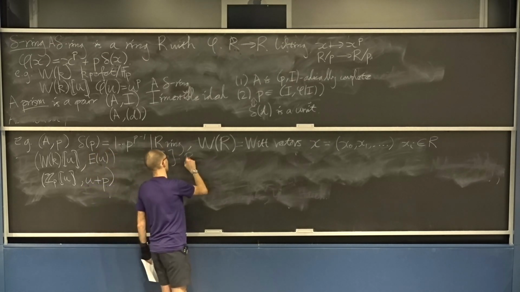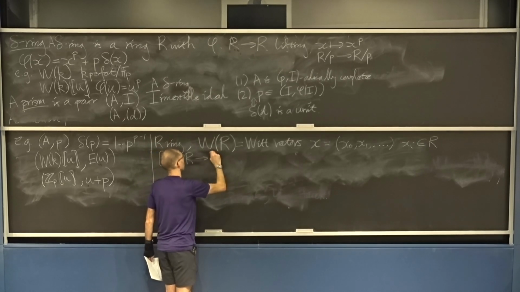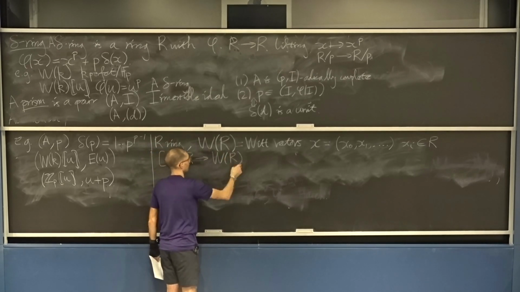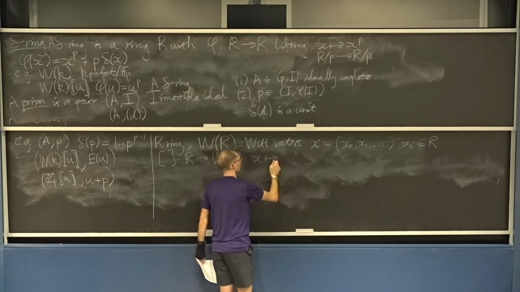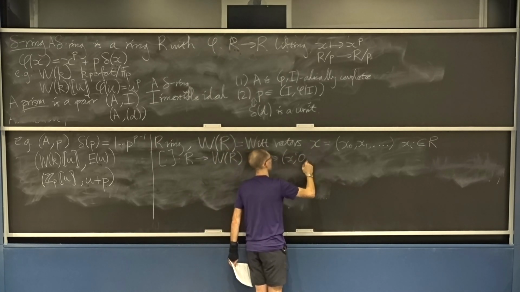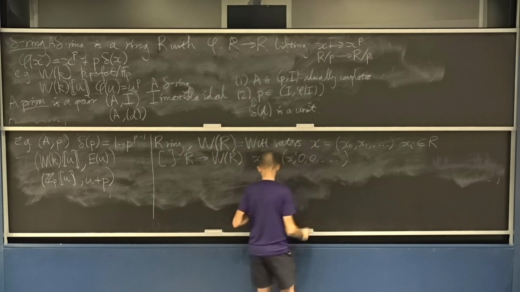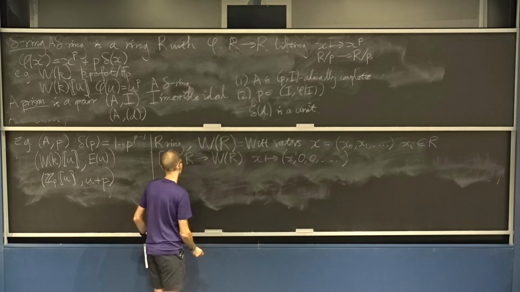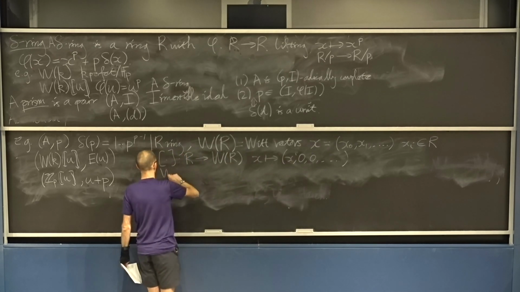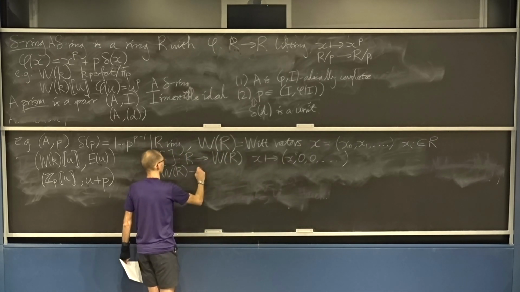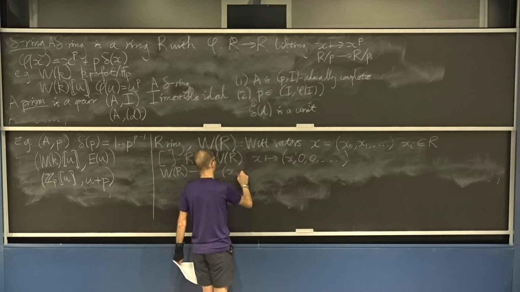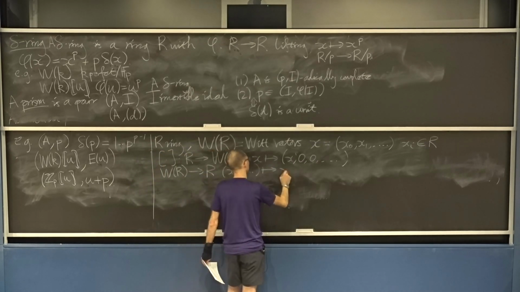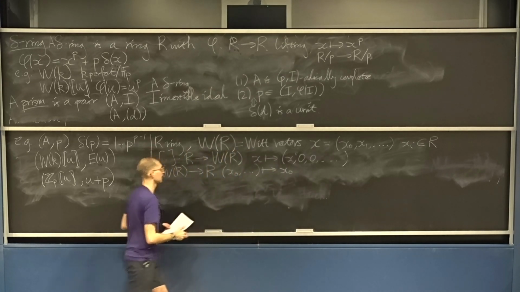So you have a multiplicative lift, which is just the map that sends x to x, 0, 0, all zeros. And there's some map the other way that just sends x0 and forgets all the other coordinates.